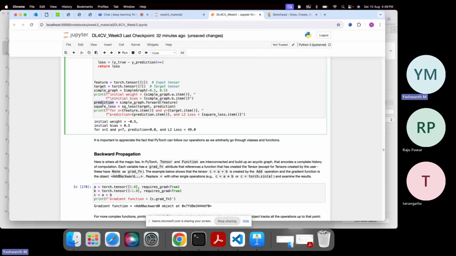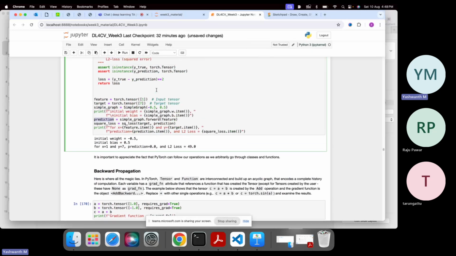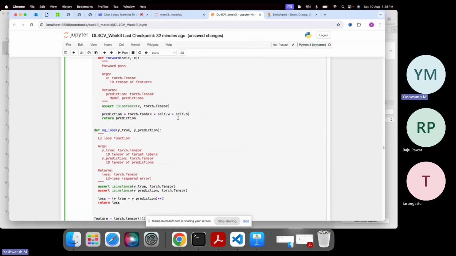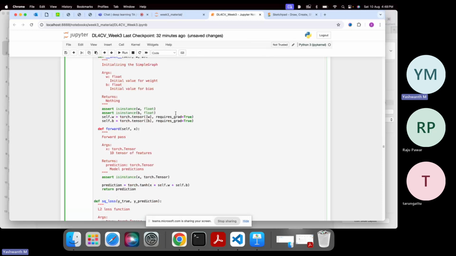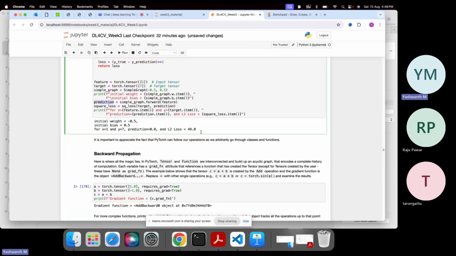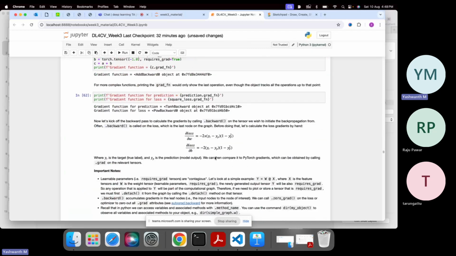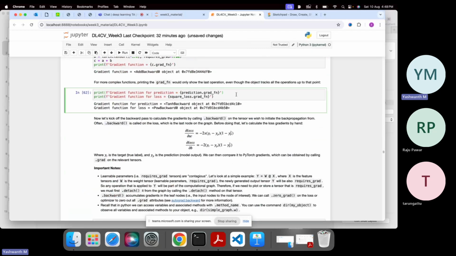We have given this prediction here, and we set requires_grad to true, so we can compute this gradient. If you print the function that is associated, it will give you the last function in the entire sequence.